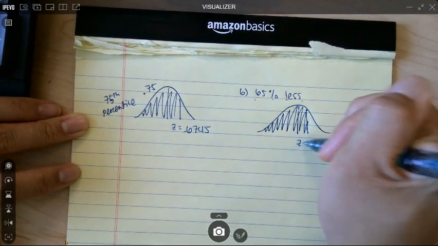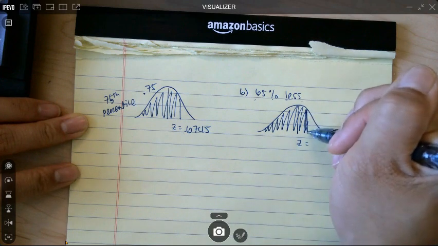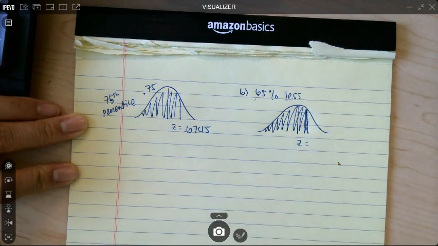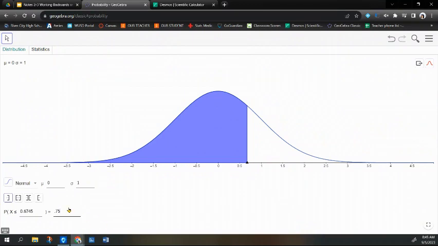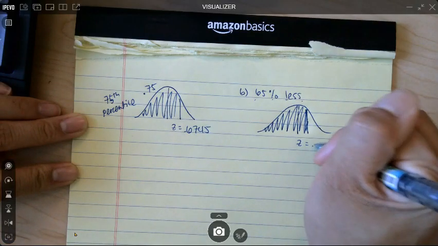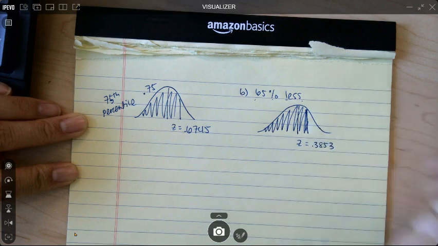Now we find the z-score that separates the 65%. Working backwards, I change this to 65%. That gives me a z-score of 0.3853. If you want to round to two places after the decimal, that's fine as well.